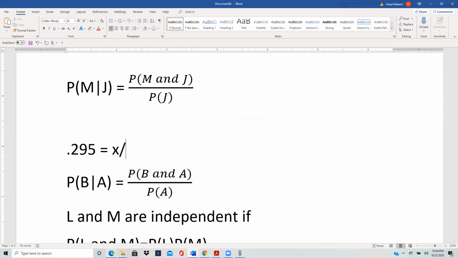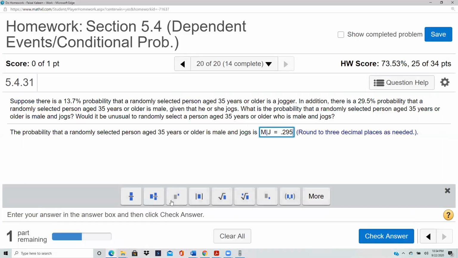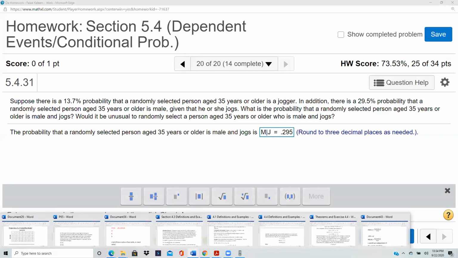Jogs must be given to us. Right, there's a 13.7% probability that a person is a jogger. So 0.137.